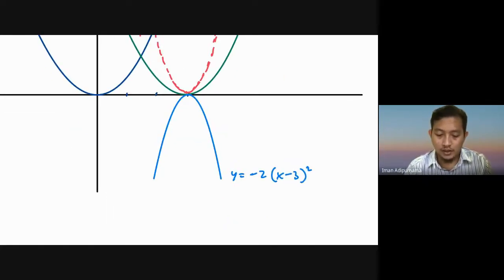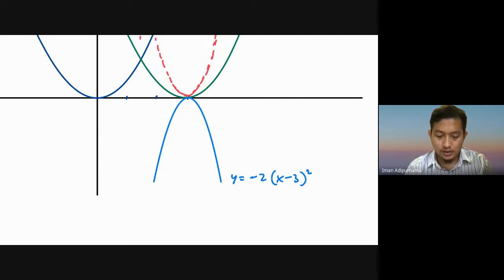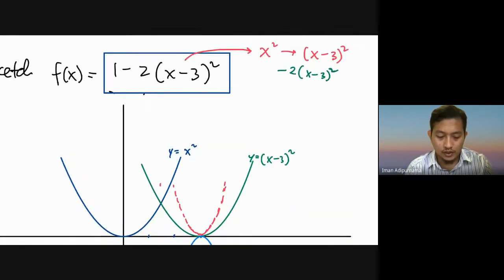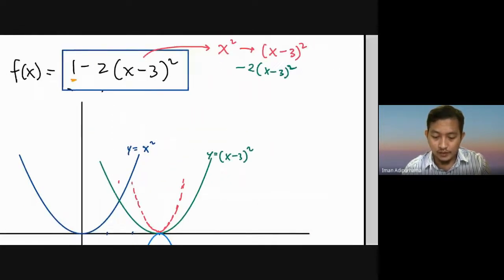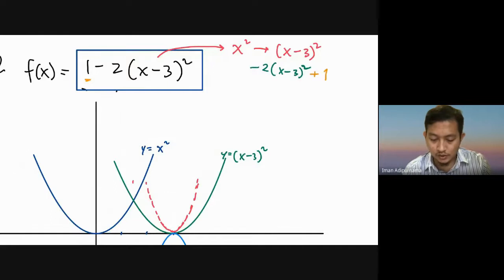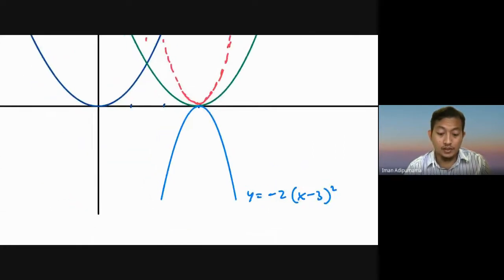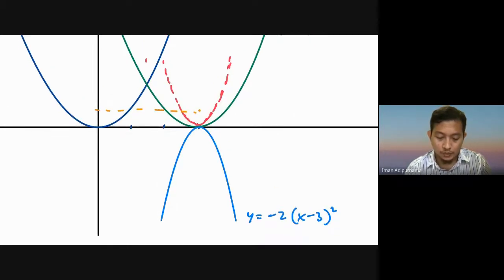But the answer should have 1. Right? You need to plus 1. So you have this and then you need to plus 1. So we need to move the graph vertically upwards 1 unit. So we need to move 1 unit here. So this will be our extreme point, and we can draw.